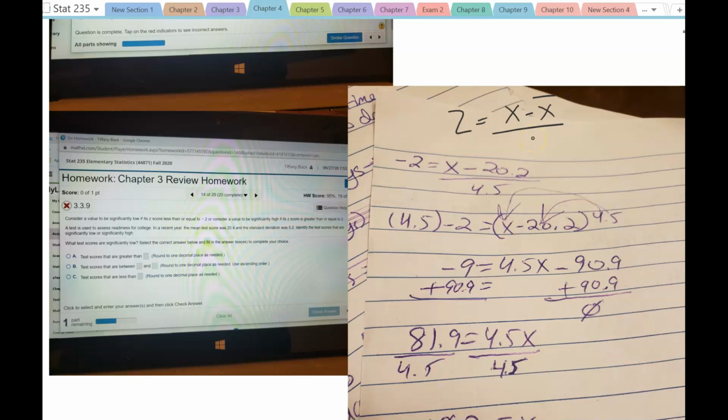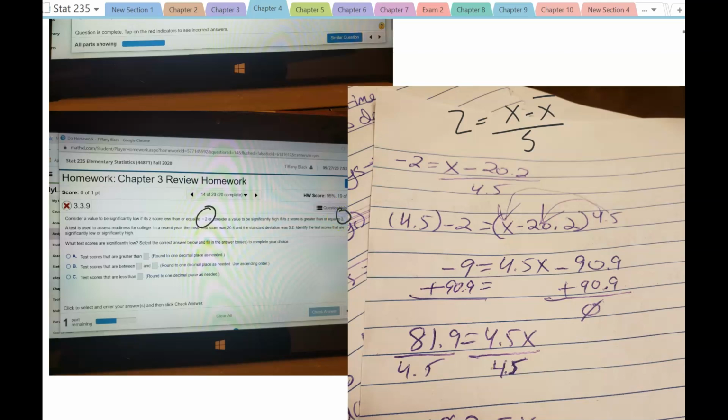In this case, we're looking at a sample standard deviation, and we're looking to find a z-score for -2. So we're looking for a range. Consider a value to be significantly high if it is greater than or equal to 2.